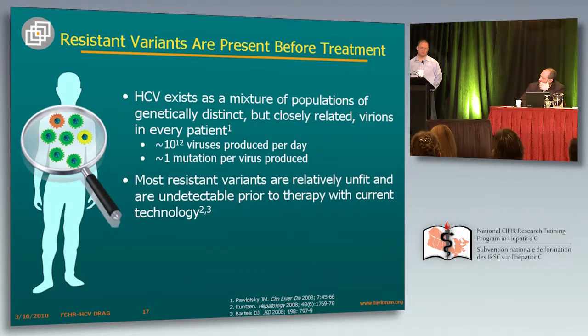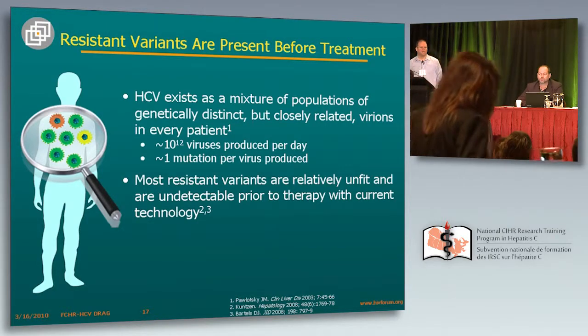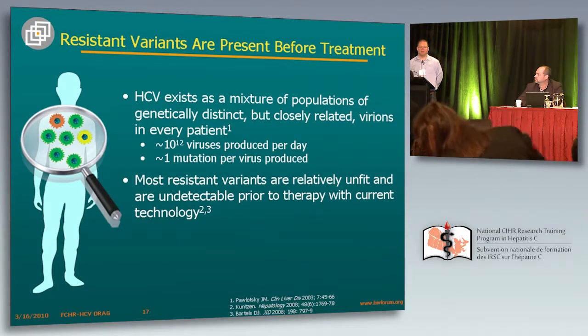We don't know. Do you know if anyone's ever looked, because most people have focused on looking at the resistant variants and whether that affects outcome, but has anyone looked at viral kinetics in patients with those variants that are more susceptible to binding? Not that I know of.